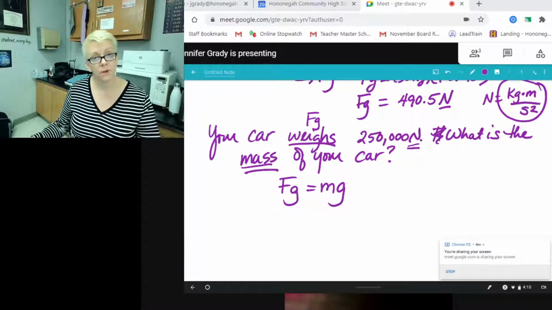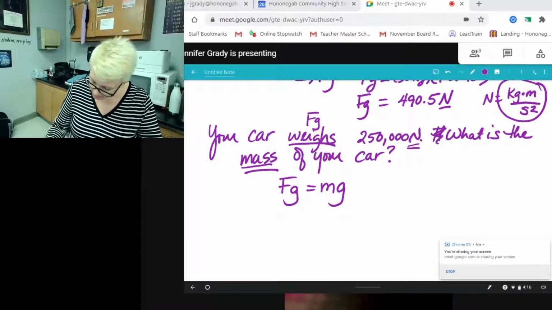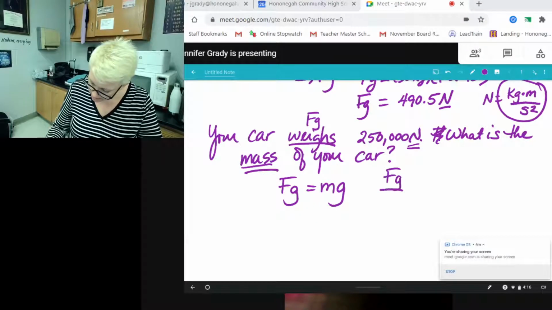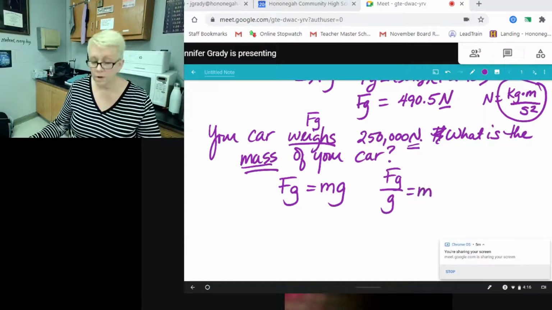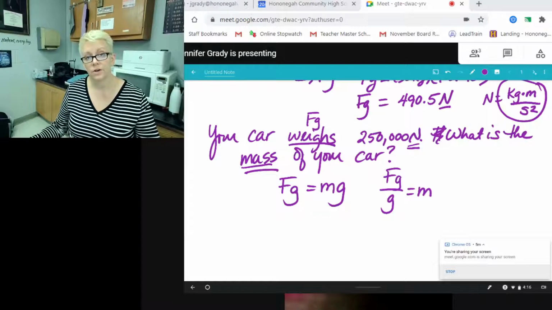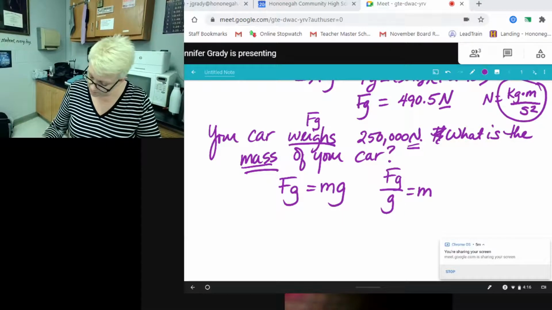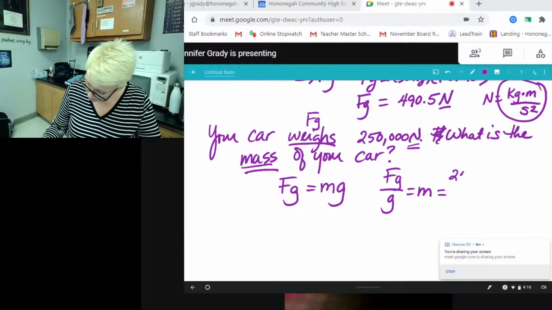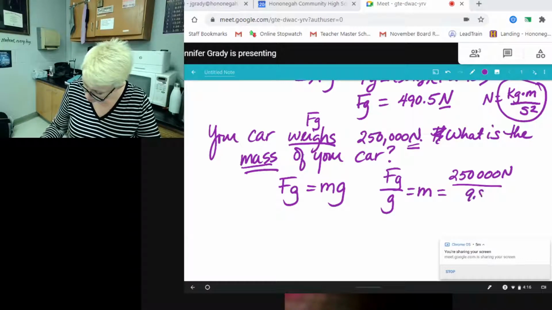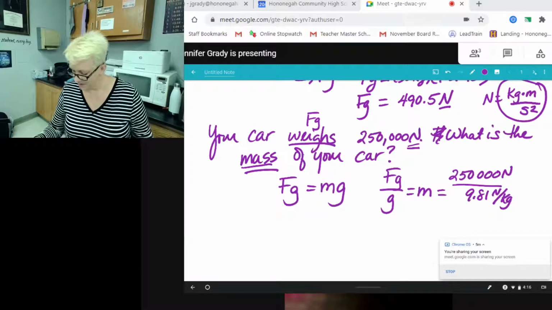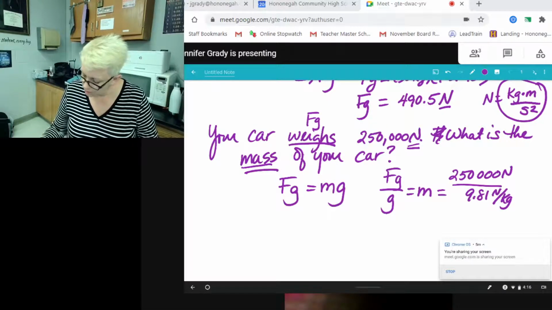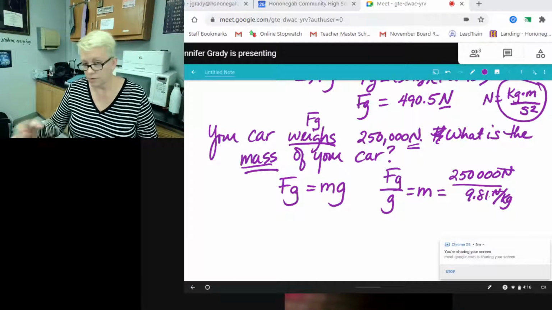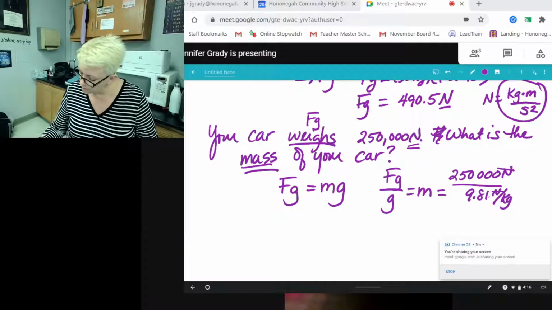There's my formula. I want to know the mass of my car, so if I want to know the mass, I'm simply going to divide the force of gravity by little g. My force of gravity, 250,000 newtons, I'm going to divide by 9.81 newtons per kilogram. I'll do it the other way this time. The newtons will cross out, and then you'll have 1 over kilograms. When you flip it around for fractions, you end up with kilograms.